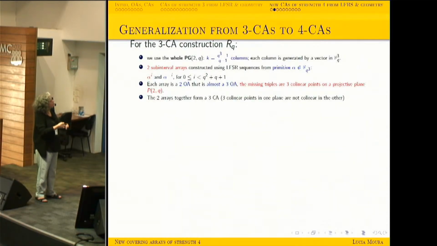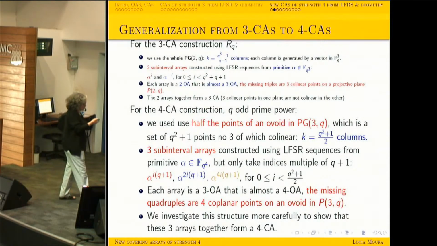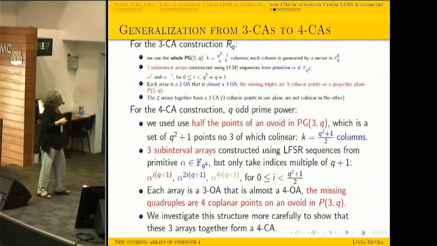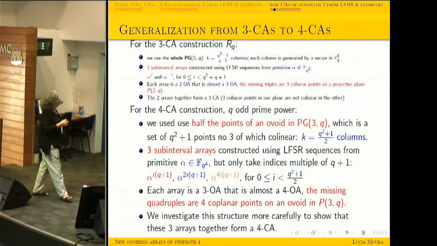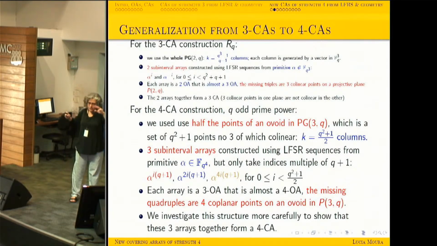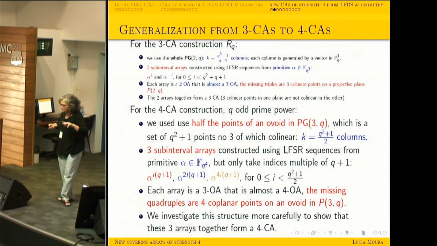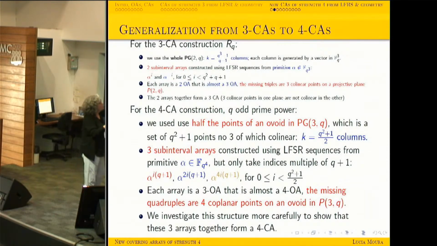So what we did for strength 4: we have q an odd prime power. Then I will take an ovoid, which is a set of points such that no 3 of which are collinear. But it doesn't work to use the whole ovoid. We use part of it, half.